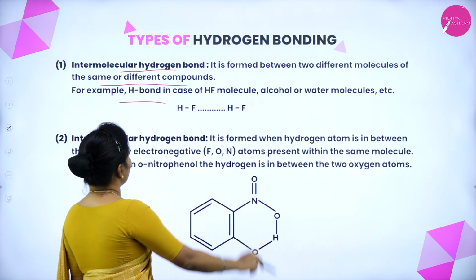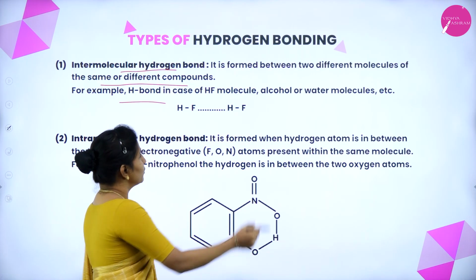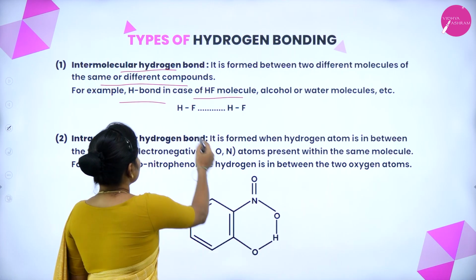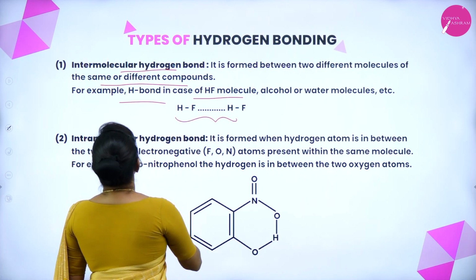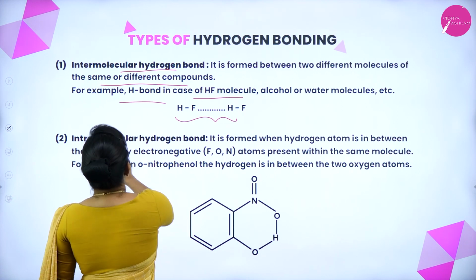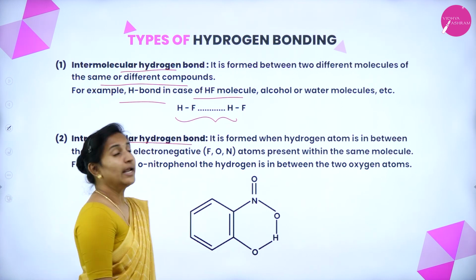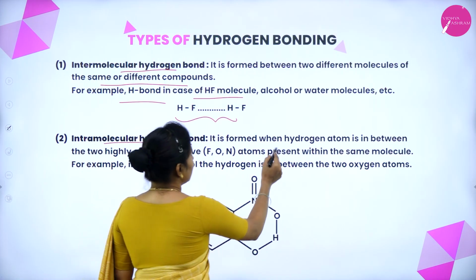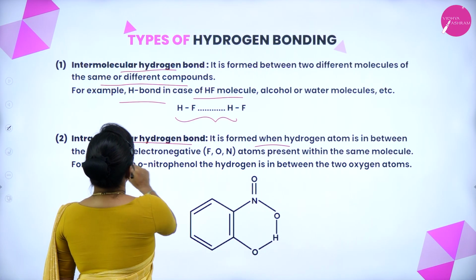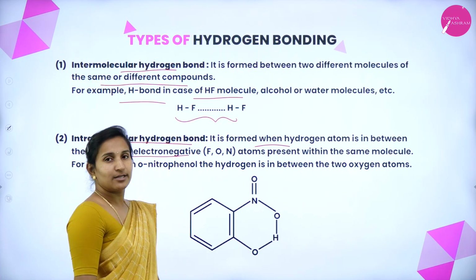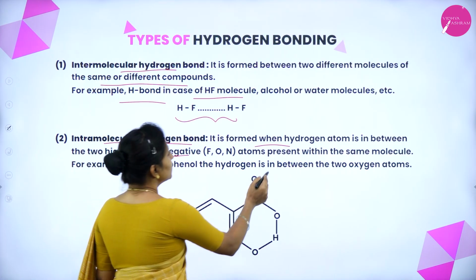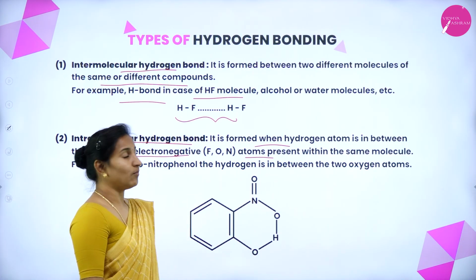For example, hydrogen bonds in hydrogen fluoride, alcohol or water molecules form intermolecular hydrogen bonds. An intramolecular hydrogen bond is formed when a hydrogen atom is in between two highly electronegative atoms, that is fluorine, oxygen or nitrogen, present within the same molecule.